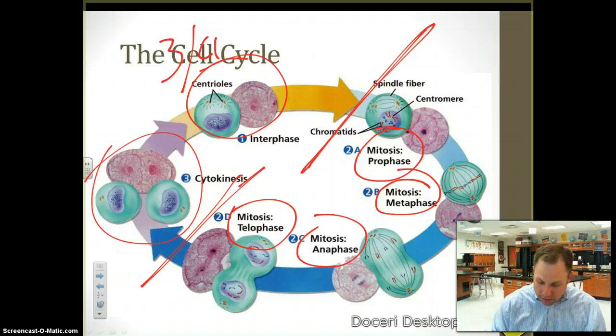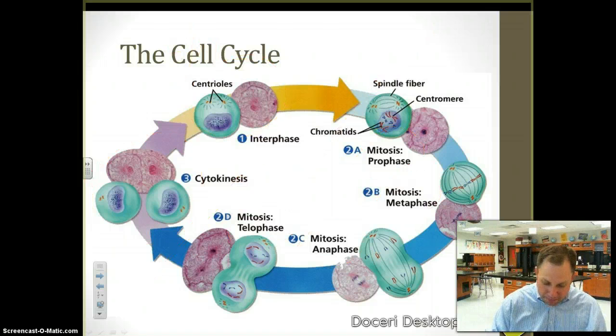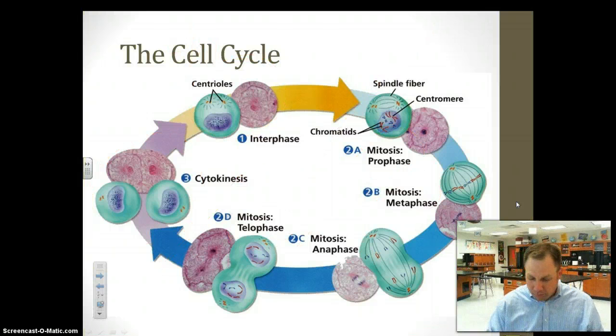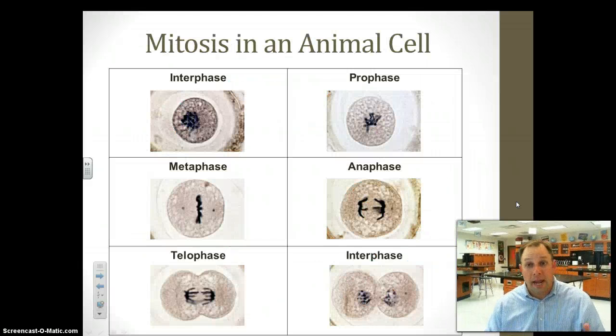So let's go ahead and look at some examples on all of this. I've got two examples. I've got an animal cell example and a plant cell example. You can see that we have the different phases, and you can start to see what they look like here in a real cell. This is a real cell undergoing mitosis and division. So we have interphase, and then we have prophase, metaphase, anaphase, and telophase.